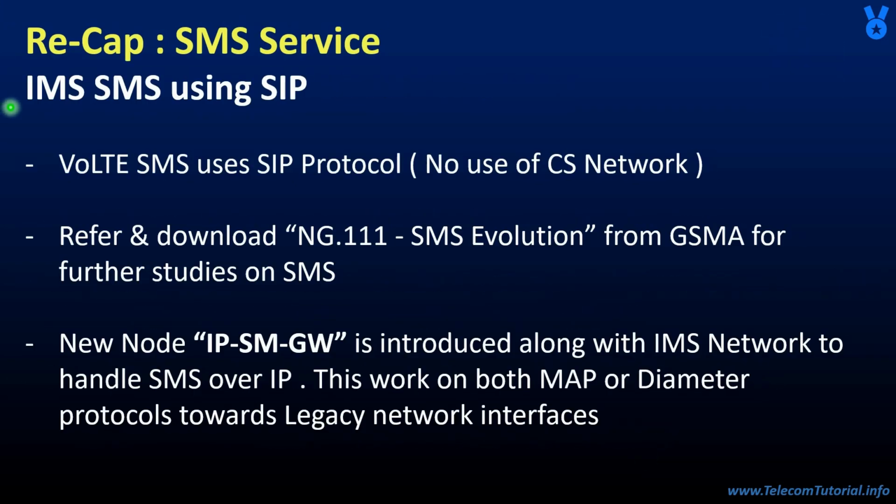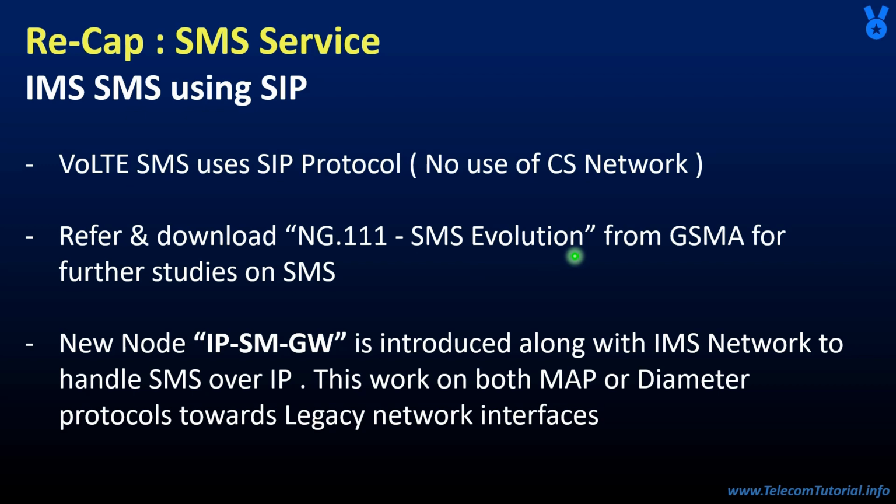Well, the last one is the SMS using the VoLTE network, using SIP. VoLTE SMS uses SIP protocol. The SMS doesn't use CS network in any way. You can refer to and download the GSMA spec document, which is NG111 SMS evolution.